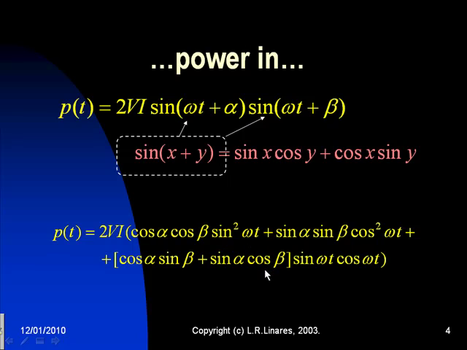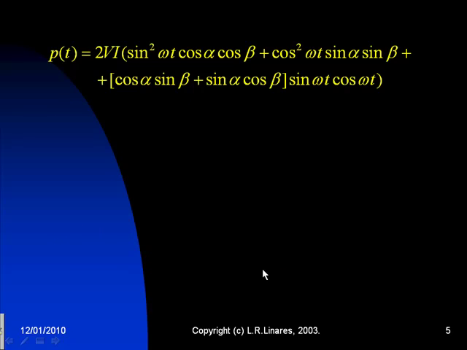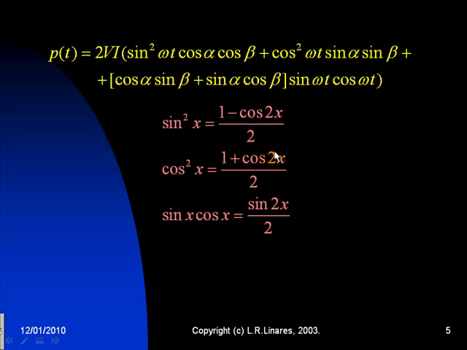Let's copy that onto the next slide, and then we're going to use another set of equivalences we saw in high school. The square of the sine of x, the square of the cosine of x, and the product of sine of x with cosine of x. All of those depend on trigonometric functions of twice that angle x.